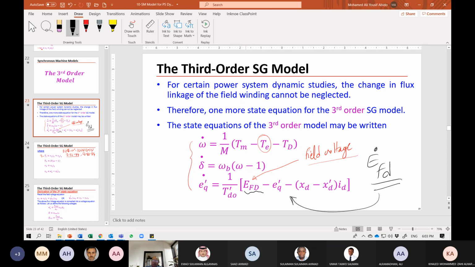So we will add to the third order model, this is for the synchronous generator, one additional differential equation, this is for the exciter.